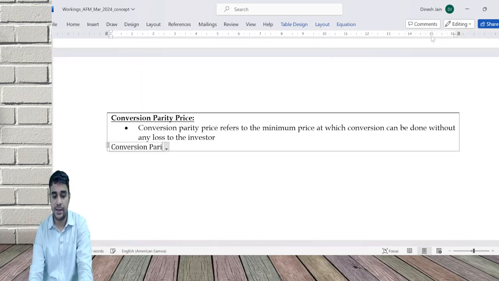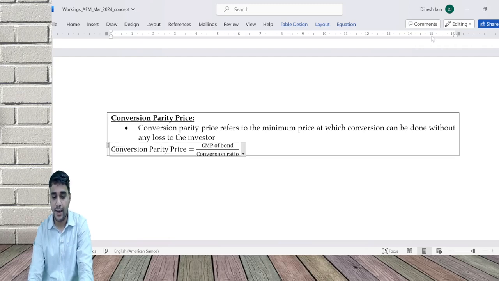Conversion parity price is equal to current market price of bond divided by conversion ratio. So I give a formula.